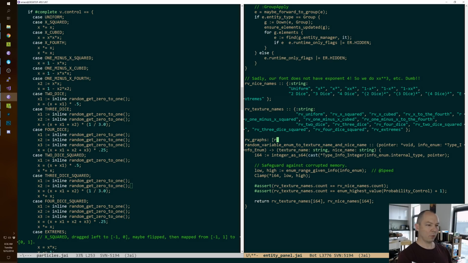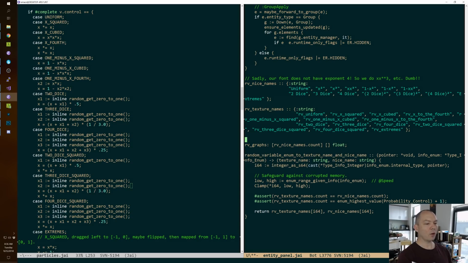The length of the array is RV nice names.count, because there's one for each of these. And we're just going to have a subarray in there of float. Well, let's say num graph samples is 100. I don't know. That way we don't have to dynamically allocate anything.